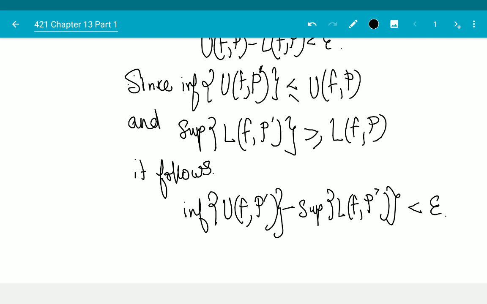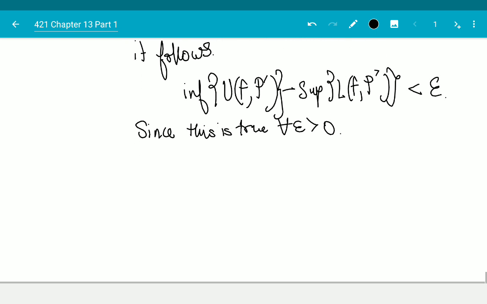Since this is true for every epsilon greater than 0, well, the only number smaller than every epsilon greater than 0 is 0.